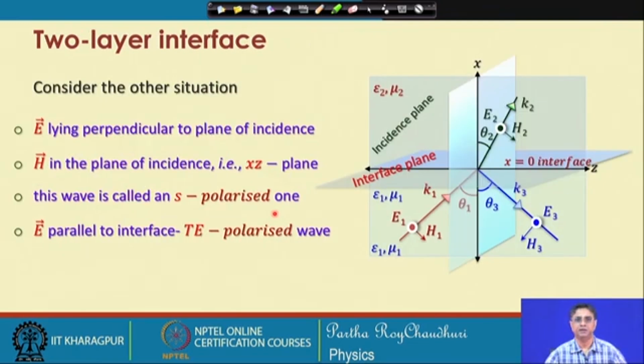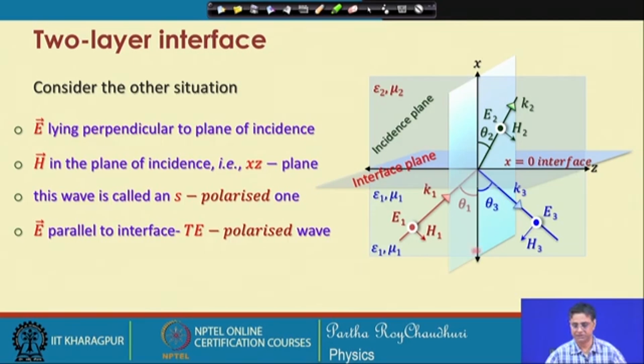There could be another situation, just complementary situation, that now the electric field is perpendicular to the incidence plane, that is the plane of incidence, that is the vertical plane, that is out of the paper, and magnetic fields are lying in the xz plane.